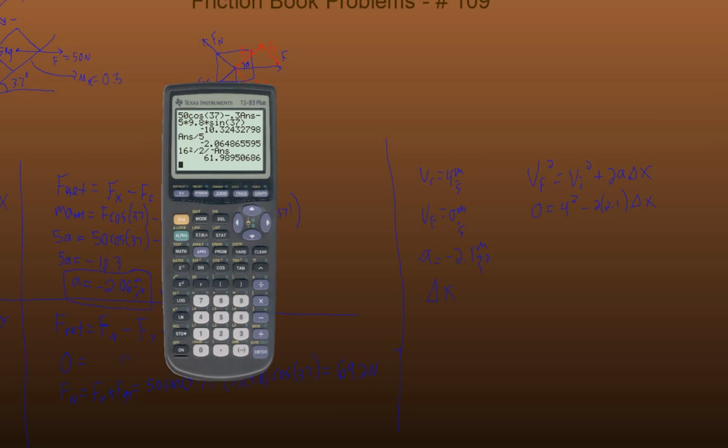whoa, what did I do? Hold on a sec, let me pause. Oh, it should have been 4 squared. I typed the answer of 4 squared. Let's try that again. Nope, clear. Second entry. This should have been 4. Delete. There we go.